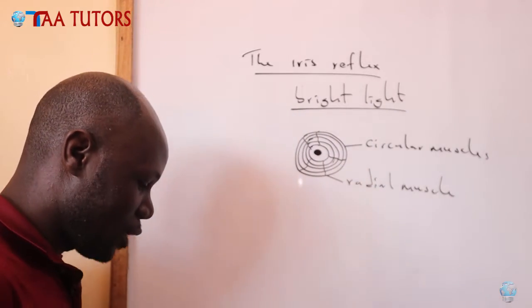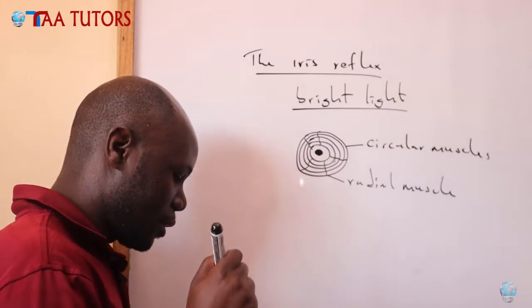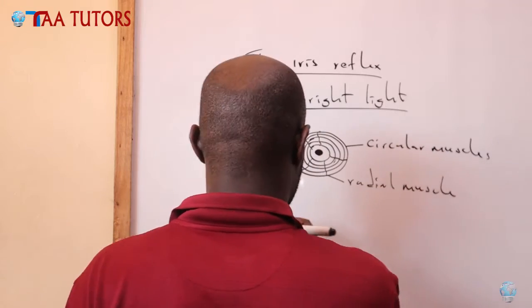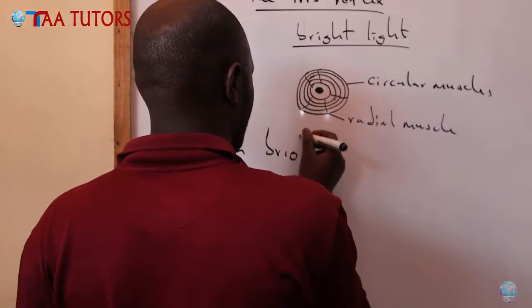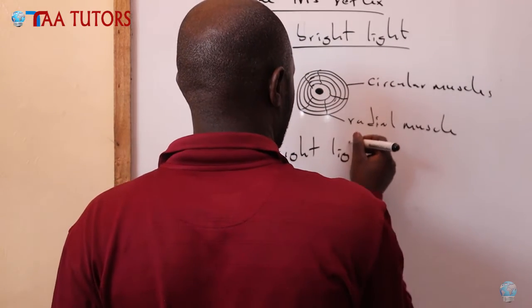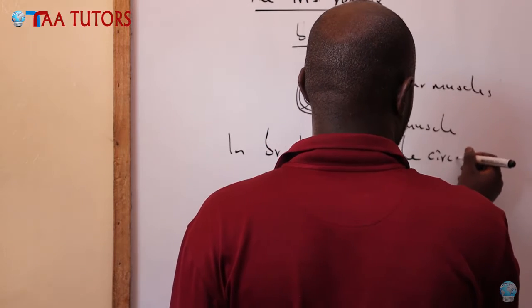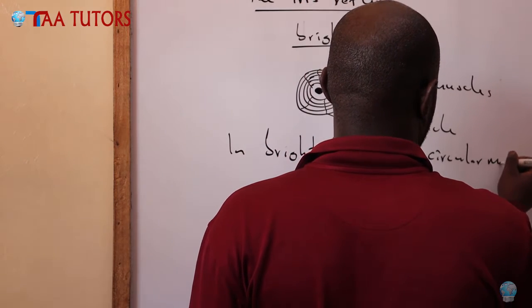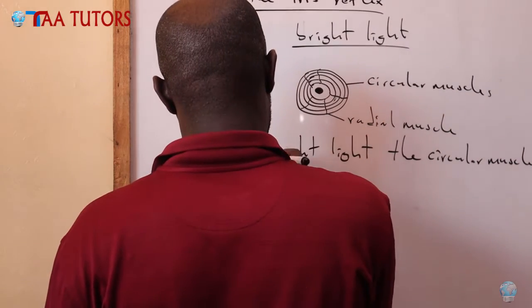How it is going to behave so that we have got the correct amount of light passing. So the first thing that will happen here is that the circular muscles are going to contract, this one here. So you can say that in bright light, the circular muscles contract.